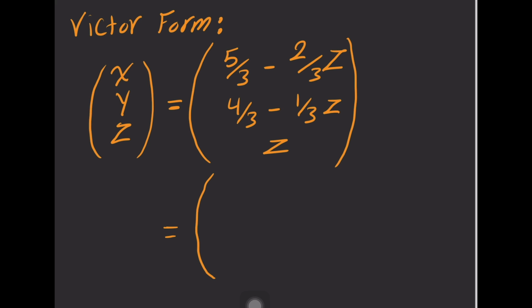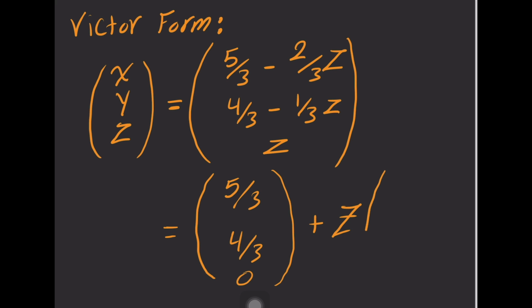So our final solution should become 5 over 3, 4 over 3, 0, plus z, negative 2 over 3, negative 1 over 3, 1. And that's the final answer in vector form.